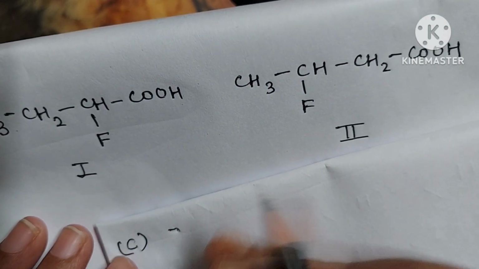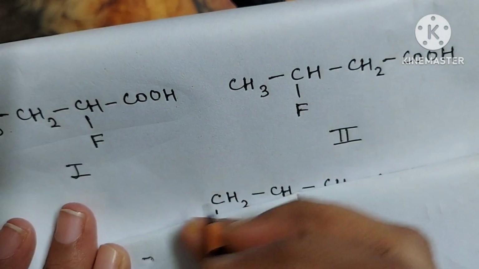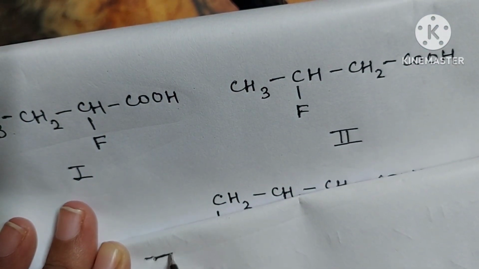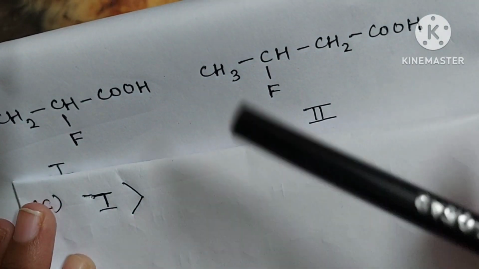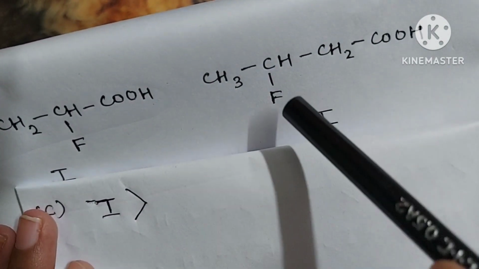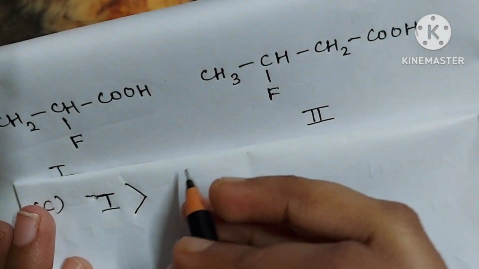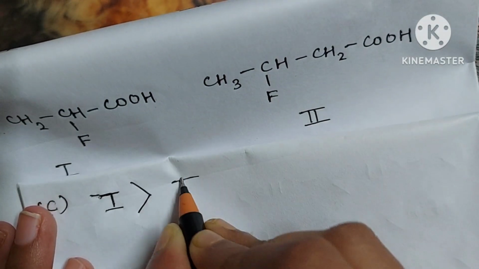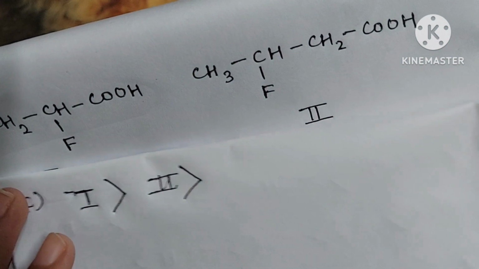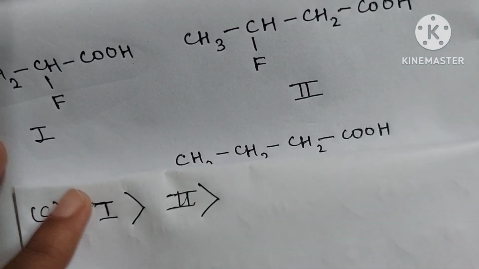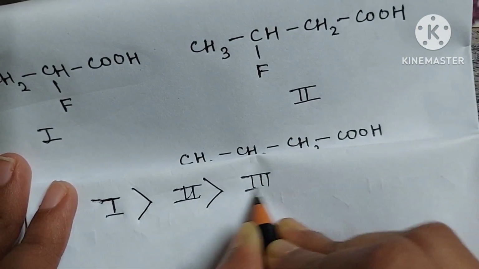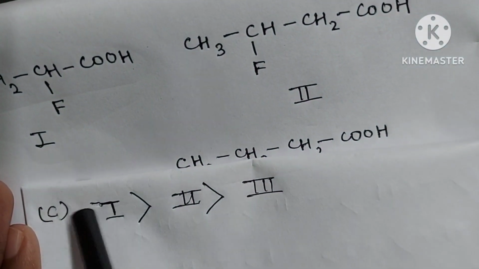So the first structure will come first, then in the second structure fluorine is slightly far, so then second, and then in the third it is farthest from the carboxyl carbon, so third compound. This is the acidic strength order.